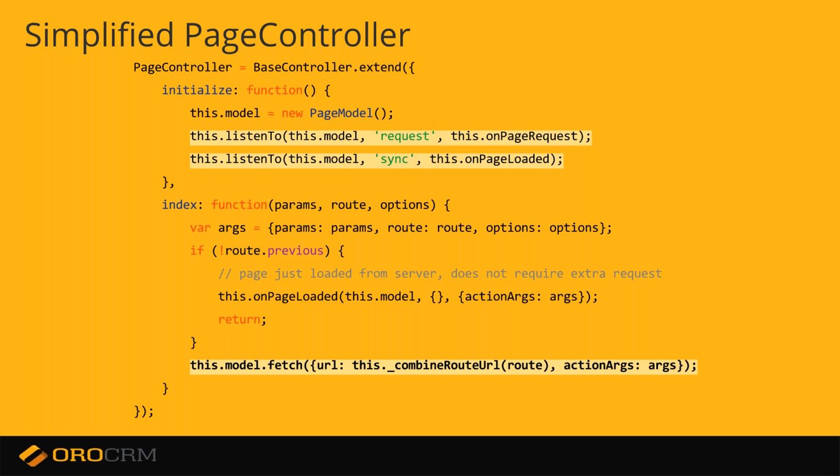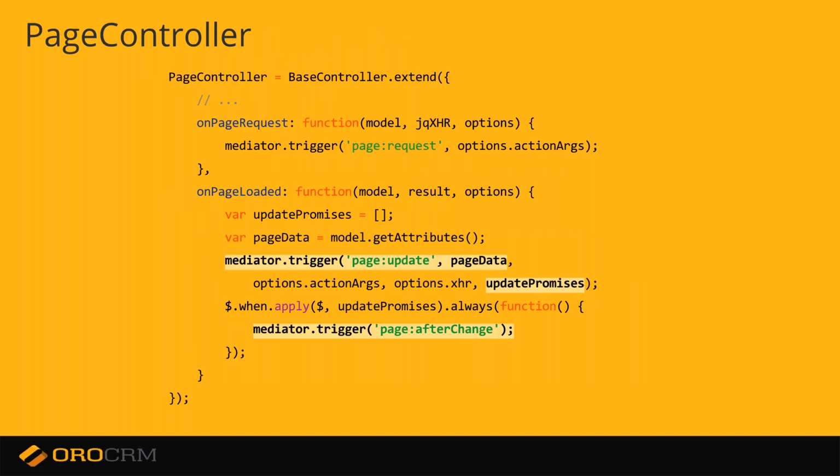If it is first page request, there is no previous route, meaning that no extra request is required and page already contains actual HTML. The controller will invoke on page load method.